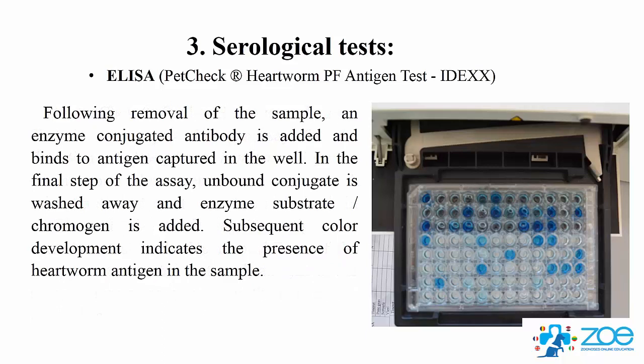Following removal of the sample, an enzyme-conjugated antibody is added and binds to the antigen captured in the well. In the final step of the assay, unbound conjugate is washed away and enzyme substrate or chromogen is added. Subsequent color development indicates the presence of heartworm antigen in the sample.